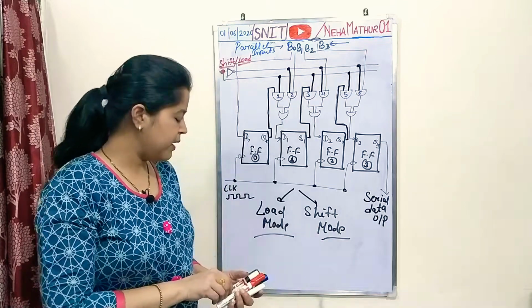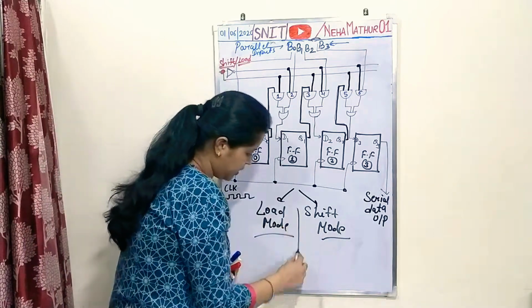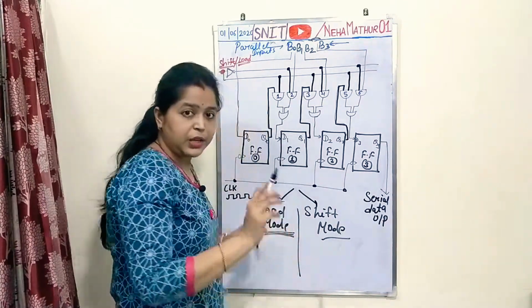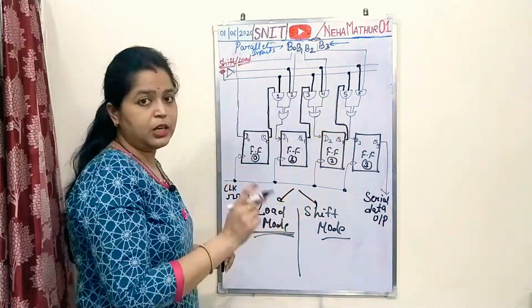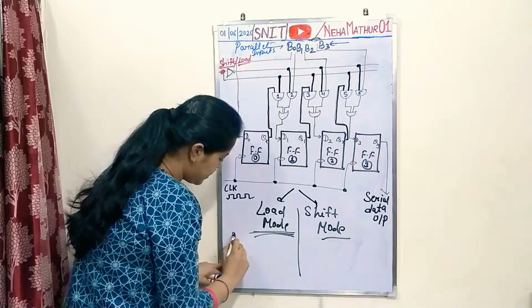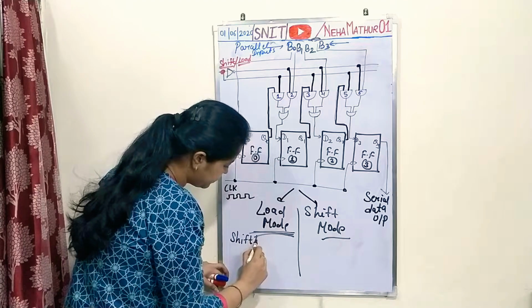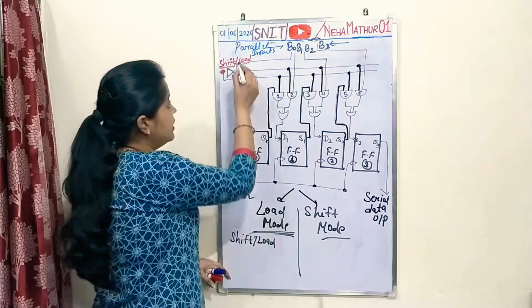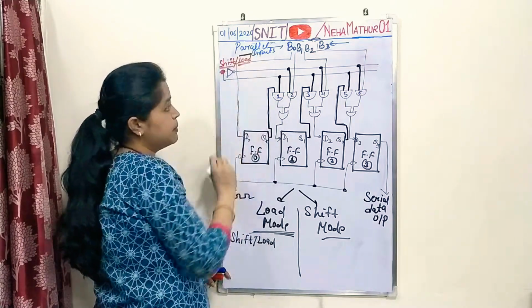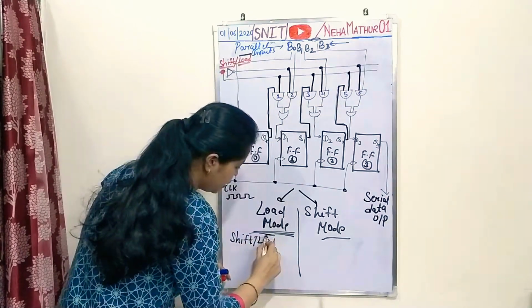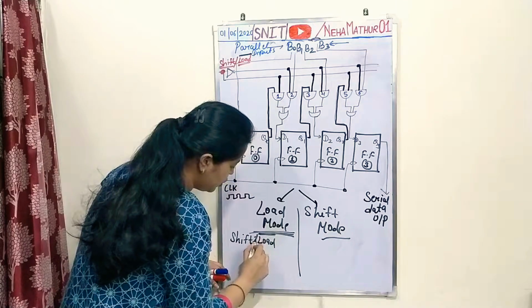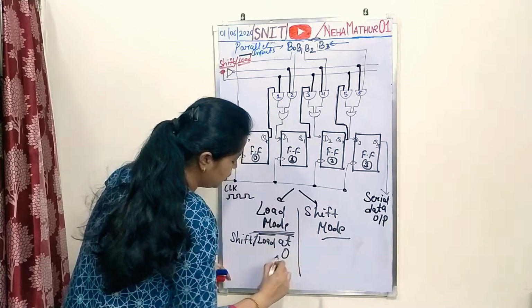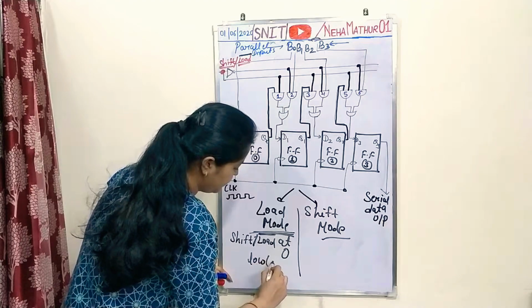Now come to the first mode, which is your load mode. If you want to operate this circuit in load mode, here this is load with complement, so you are going to set this node at 0, that means low.